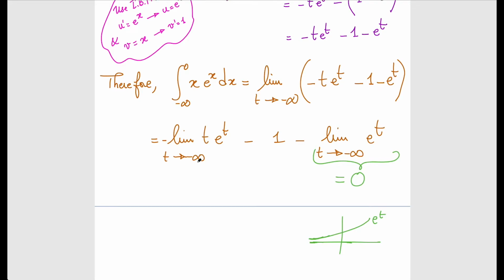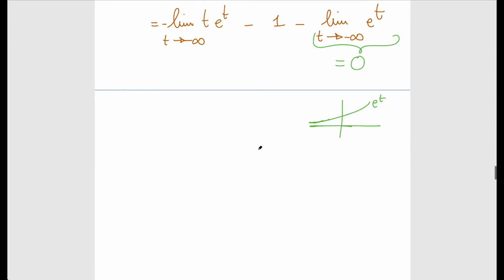As t goes to minus infinity, this goes to minus infinity, and the other we just discussed goes to 0. So this is an indeterminate form of type 0 times infinity. So I'm going to use L'Hopital here, but before I do, I'm going to take one of the functions downstairs. I'm going to take the e^t downstairs.